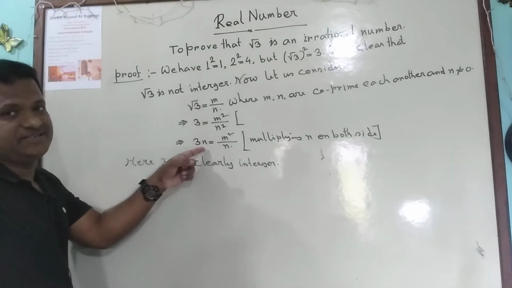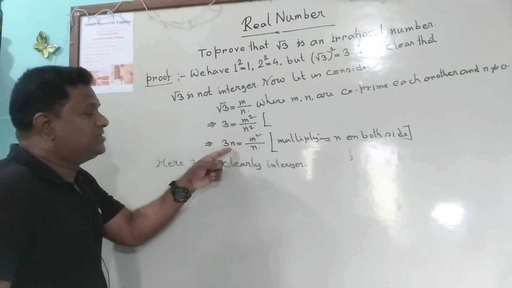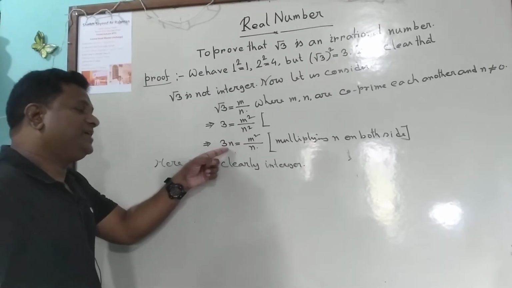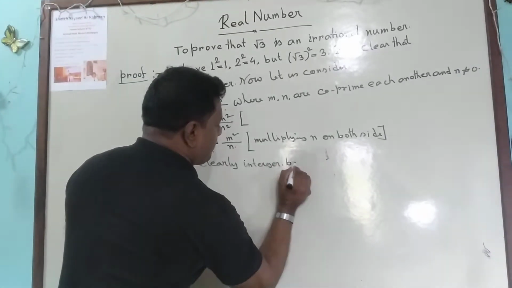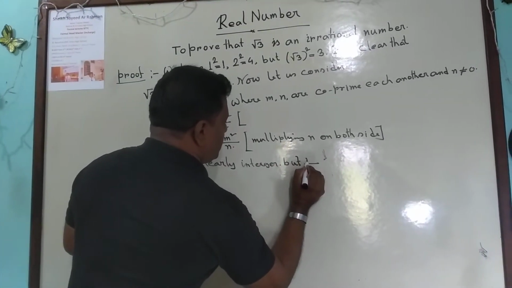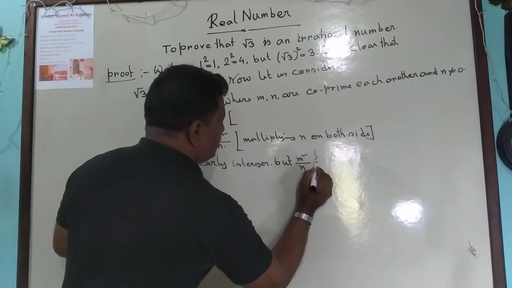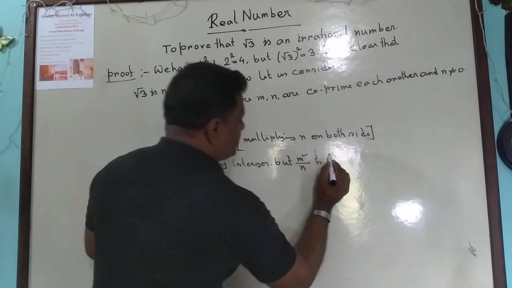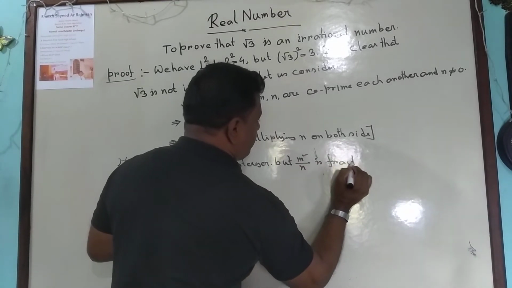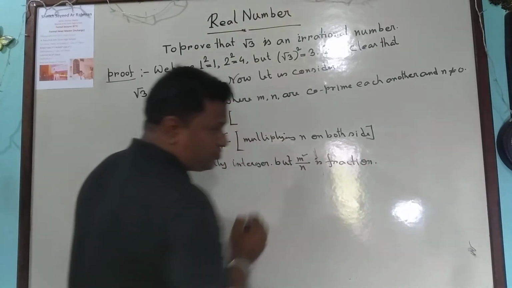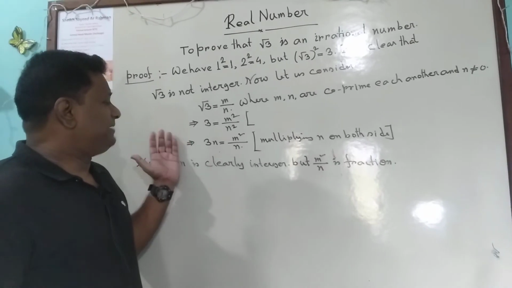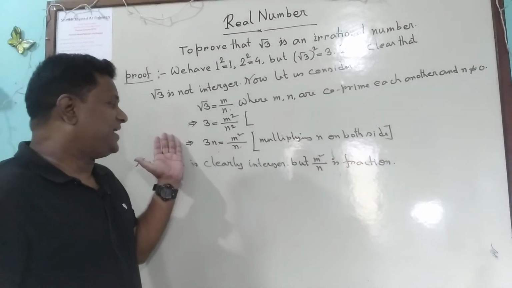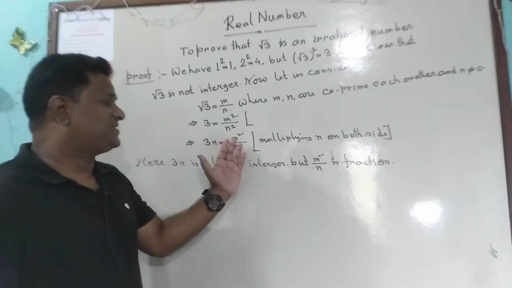Because n is an integer and 3 is also an integer. But m square by n is a fraction. Left side is an integer, right side is a fraction, so it is quite impossible.